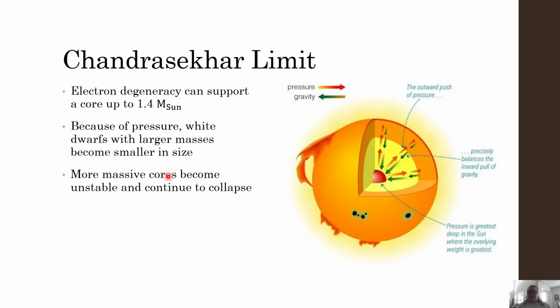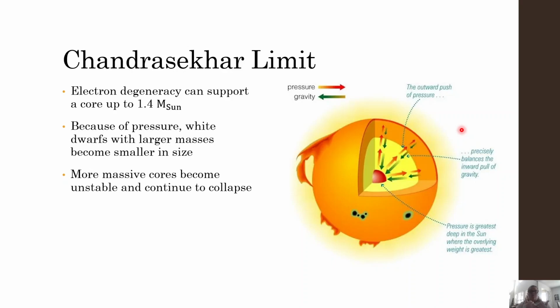Now, do I have a picture of this? I do. This is just on the wrong slide, but we have the pressure of these degenerate electrons pushing outward against the star, perhaps, and the gravity of itself is pulling in.